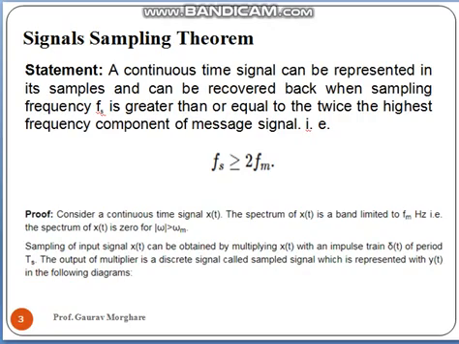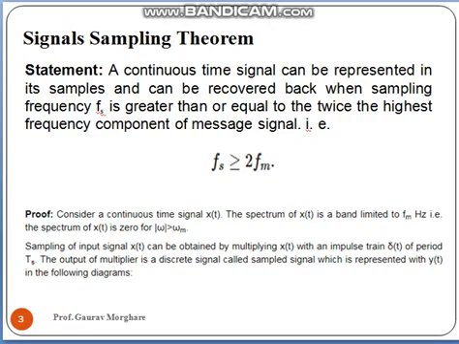So this input signal x(t) is multiplied with the train of impulses. This train of impulses has a time period given as Ts, which is also the sampling time, we can say. The output of the multiplier of this discrete signal is the sampled signal, and it is denoted by y(t).